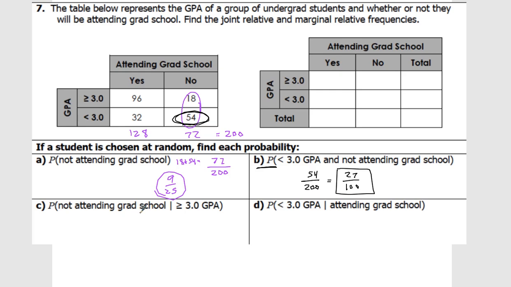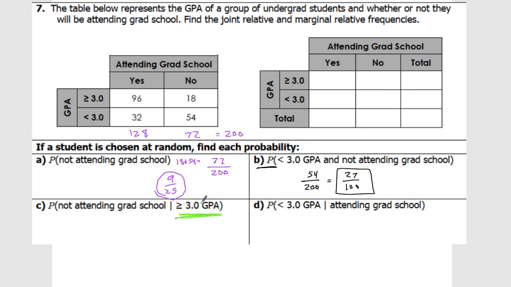Second to last one, we have part C. We have the probability of not attending grad school, given that they have greater than a 3.0 GPA. So again, we're only looking at the students that have greater than a 3.0 GPA. I'm going to erase some of this, just so we can clean it up and look a little easier.